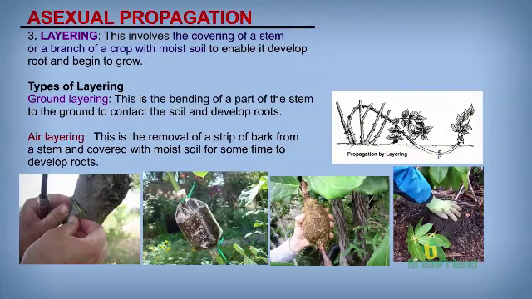The third type of asexual propagation is layering. Layering involves the covering of a stem or a branch of a crop with moist soil.